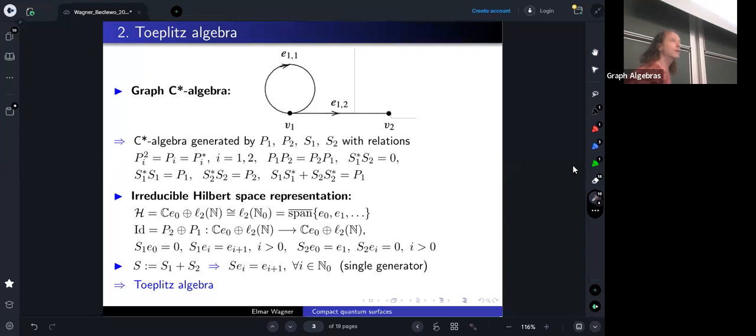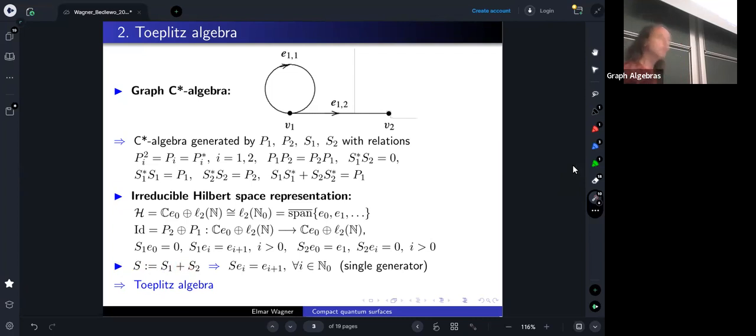Elmar, may I jump in, because this is something very interesting. This isomorphism you're talking about, because let's think about the Toeplitz algebra not as Toeplitz but as Coburn. So the universal Cstar algebra of just one isometry. Yeah. And then this is a different set of generators and relations.